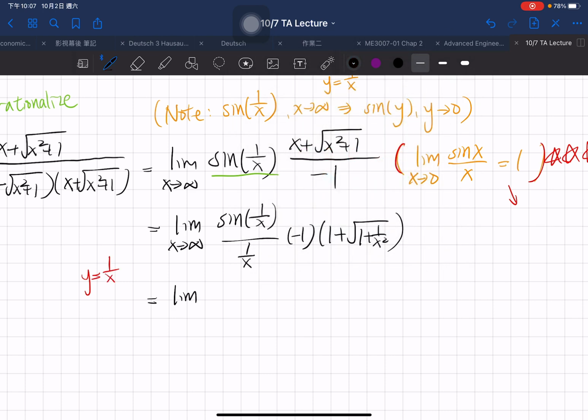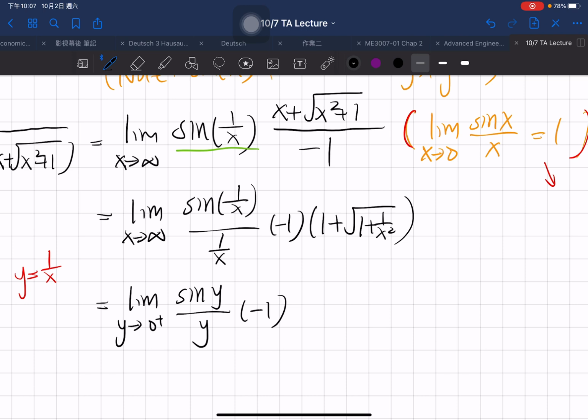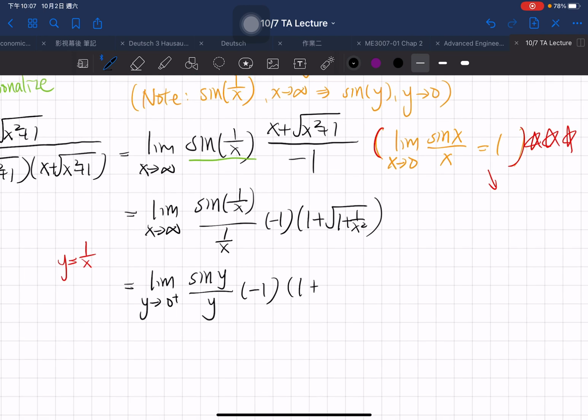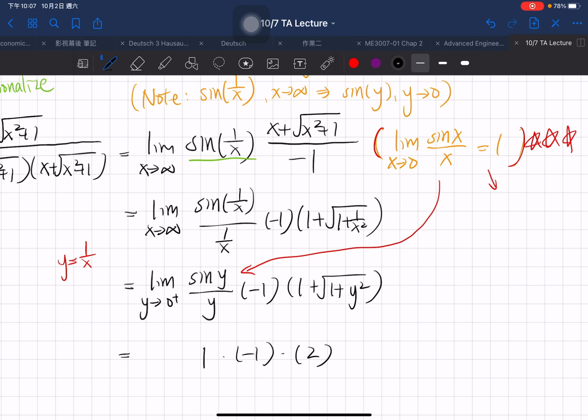So we get y approaching 0 plus, and sine y over y, and a minus 1 times 1 plus the square root of 1 plus y squared. You can plug this in and get 1 times minus 1 times 2. So the answer will be minus 2.